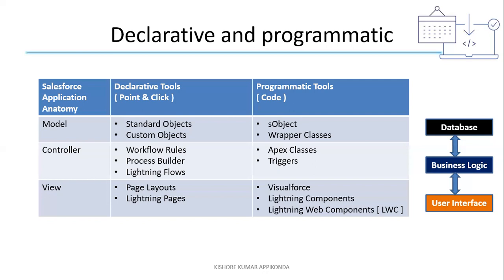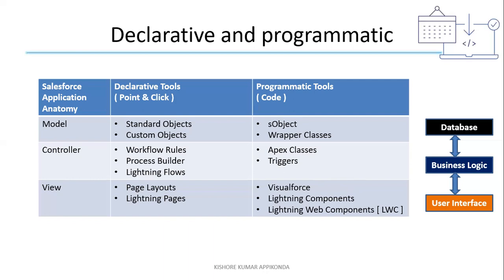To achieve that functionality, we have to go with programmatic. From a programming perspective, you have to write an Apex class or handle it with a trigger. A trigger is an event; it performs some action automatically whenever a record gets created, updated, deleted, or undeleted. Whatever event you define, it executes automatically.